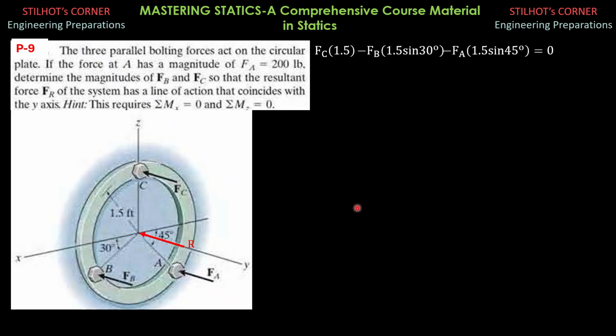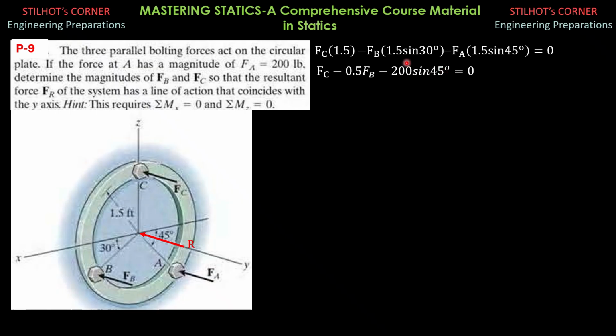equals 0. So substituting the value of FA and simplifying, we have FC minus 0.5 of FB minus 200 sine 45 degrees equals 0.